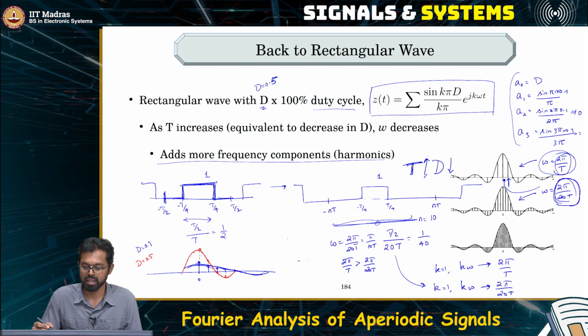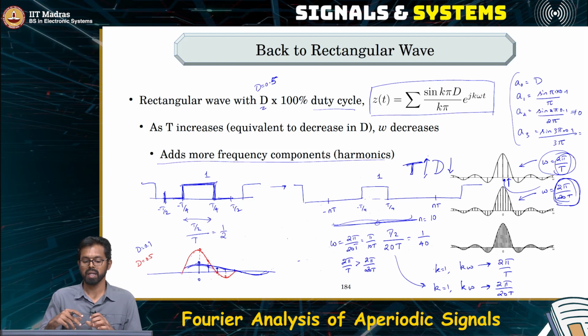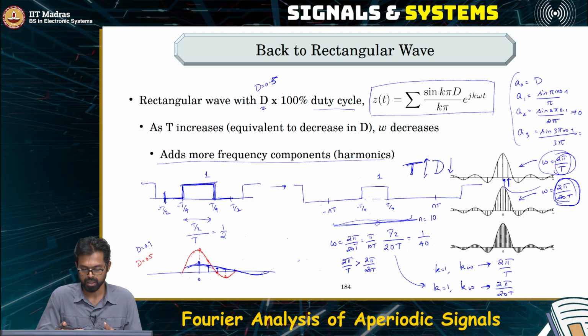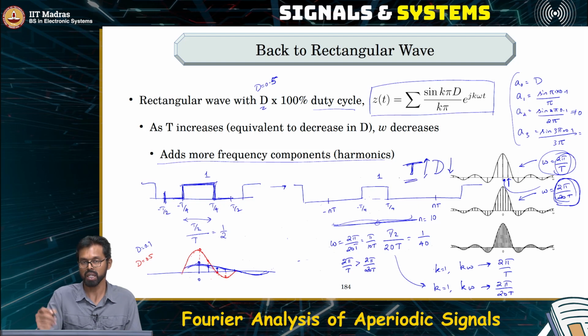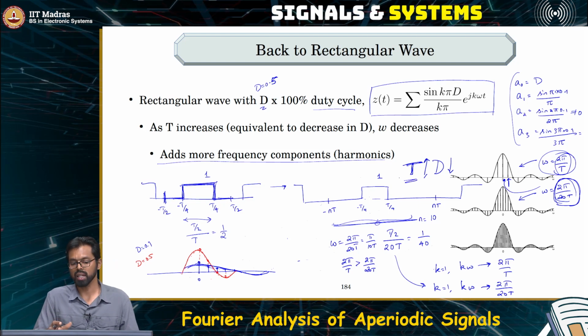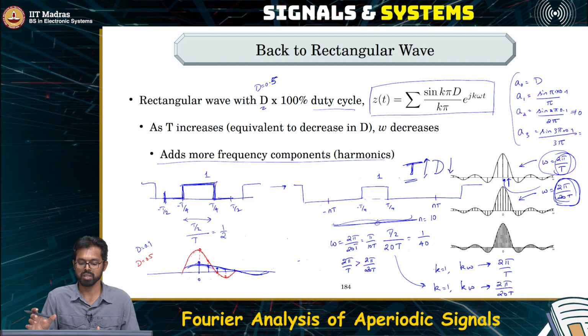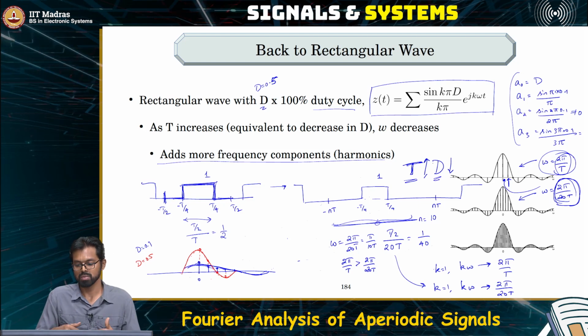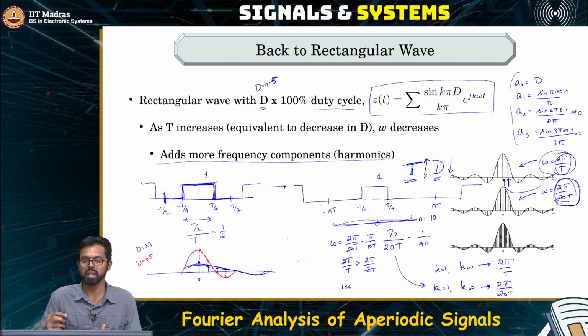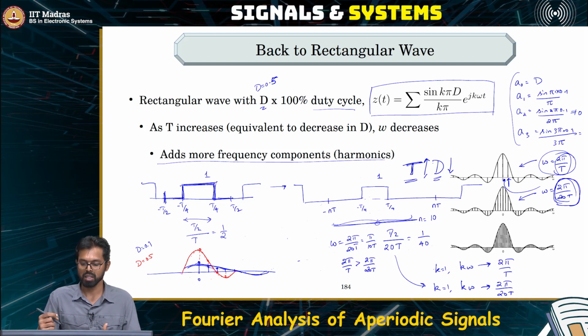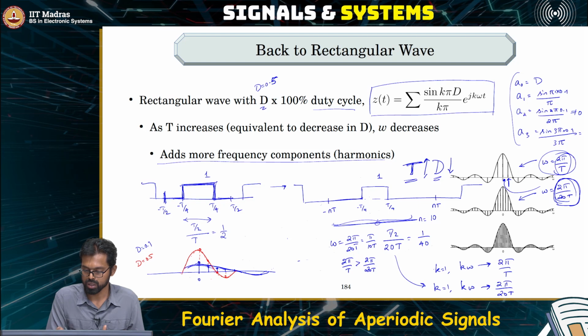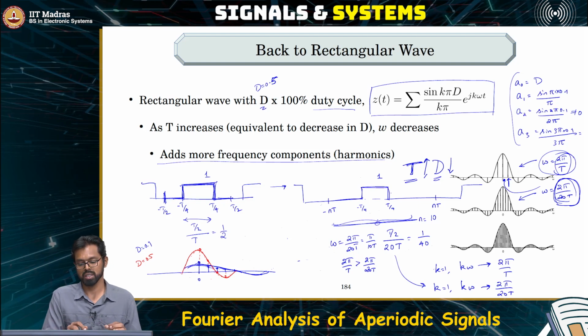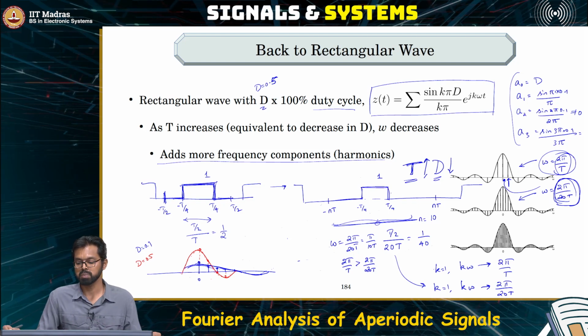What we are doing here essentially is increasing the length of one cycle. So that's what we mean by saying the period increases while keeping the non-zero duration of the signal the same. That's what we refer to as the duty cycle going down. So the duty cycle goes down and the period increases, which essentially means that the non-zero duration remains the same, but the signal period keeps increasing.